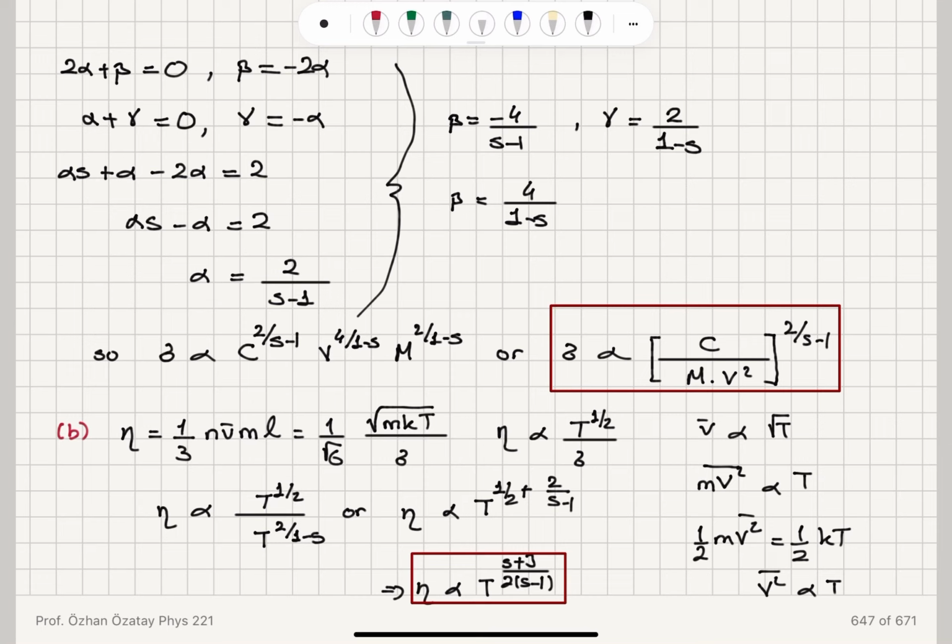That's for sigma, because if m v squared is proportional to T, then that means sigma is proportional to T to the power 2 over 1 minus s. So that's what we substitute here. And if we take this ratio, we obtain T to the power s plus 3 divided by 2 times s minus 1.